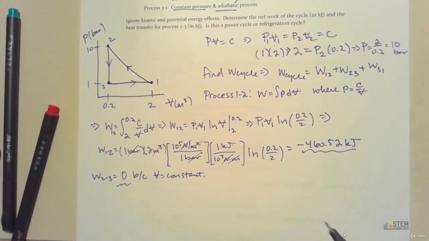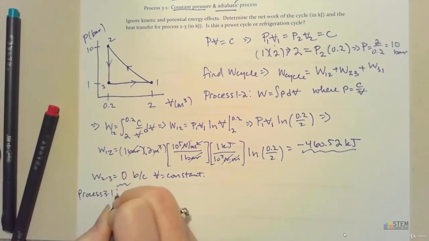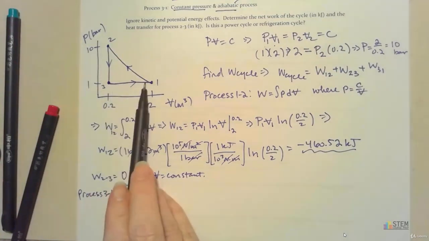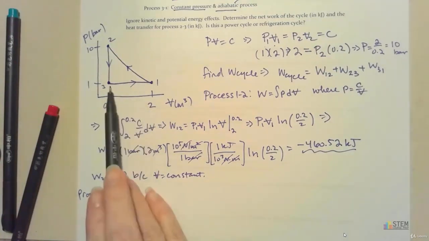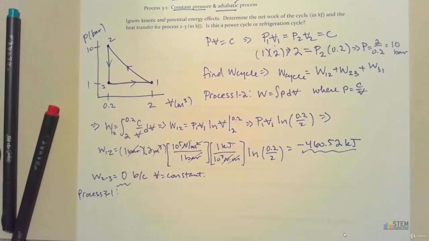Now, last one is going to be for process 3, 1. Now this one we do have a volume change. We're going from 0.2 to 2, so we're expanding at this point. Now we know P is constant here. The value is 1.